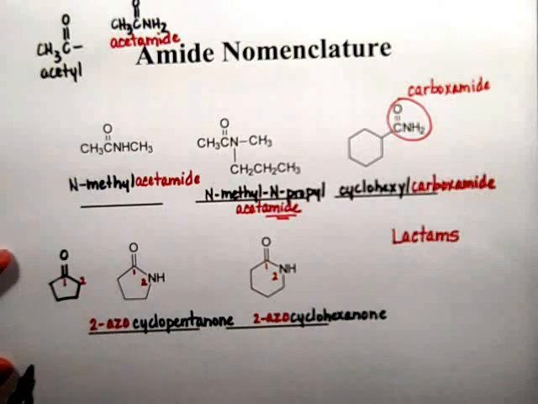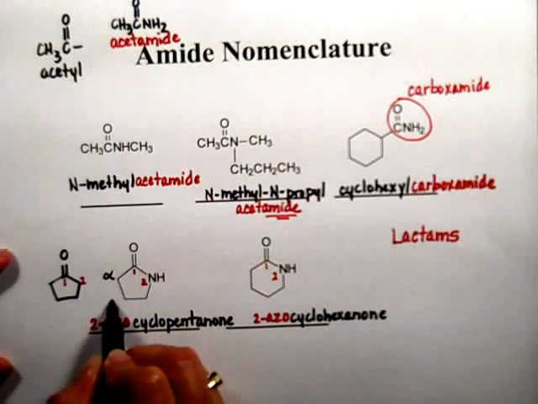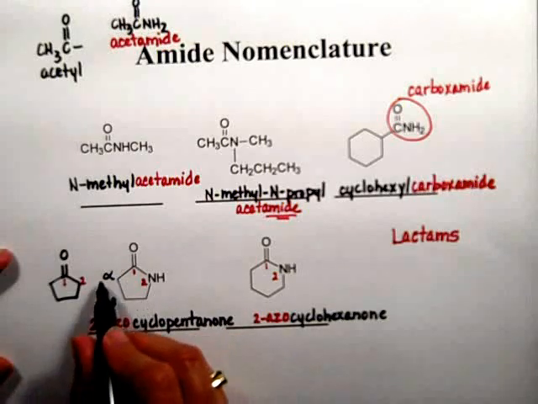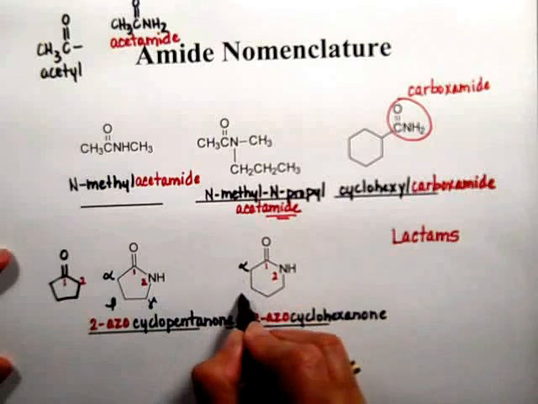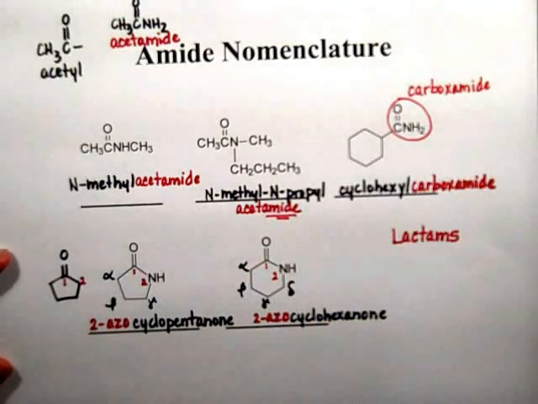But let's go to the common naming of these ones, because when you're naming with a common name, they use the Greek letters. So alpha, beta, gamma. This one would have the alpha, the beta, the gamma, and it goes a little bit further to the delta.